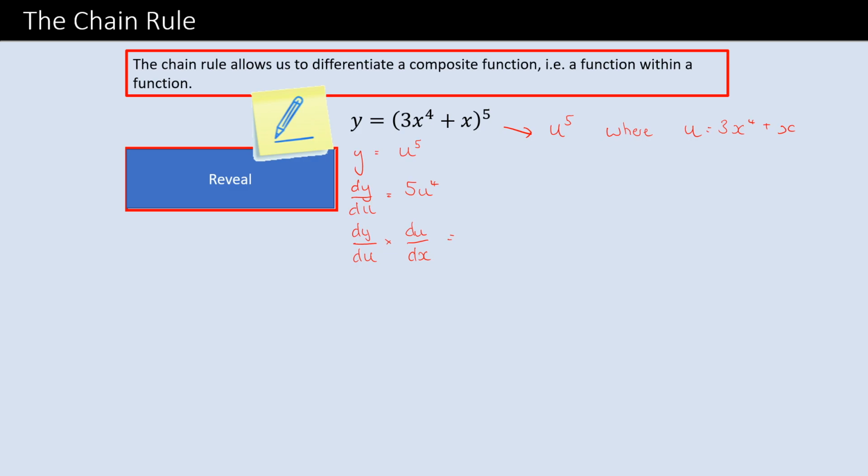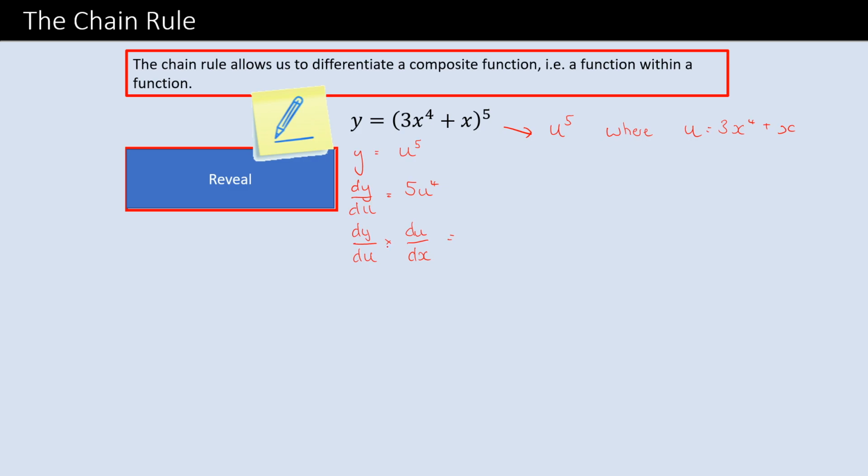If you're looking at that and going, why are we timesing by du by dx? Take a look at the fraction. This isn't a proof, but it's a good indicator as to why we're doing what we're doing. We're trying to find dy by dx.